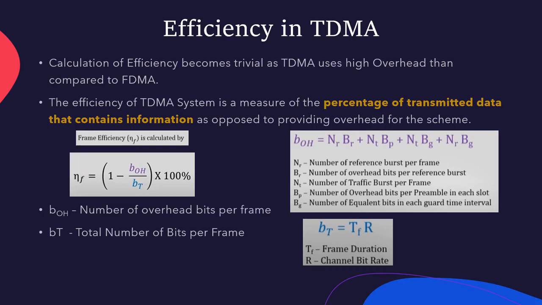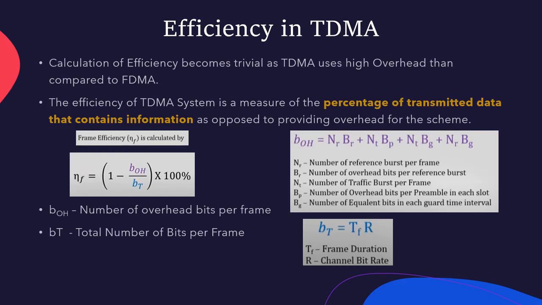And to calculate BOH, we use the expression BOH equal to NR times BR plus NT times BP plus NT times BG plus NR times BG.